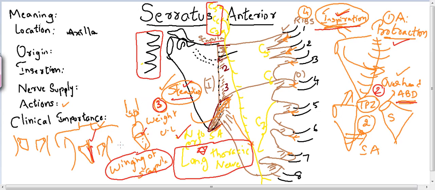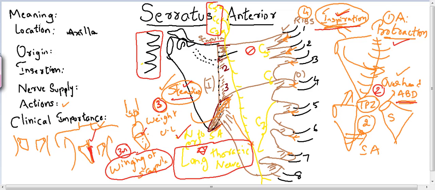Most frequently asked 3 marks question: what is winging of scapula? If I am the student, I'll answer: winging of scapula is a condition in which the medial border of the scapula is unduly prominent. Why? Because of the paralysis of serratus anterior. How does the serratus anterior get paralyzed?